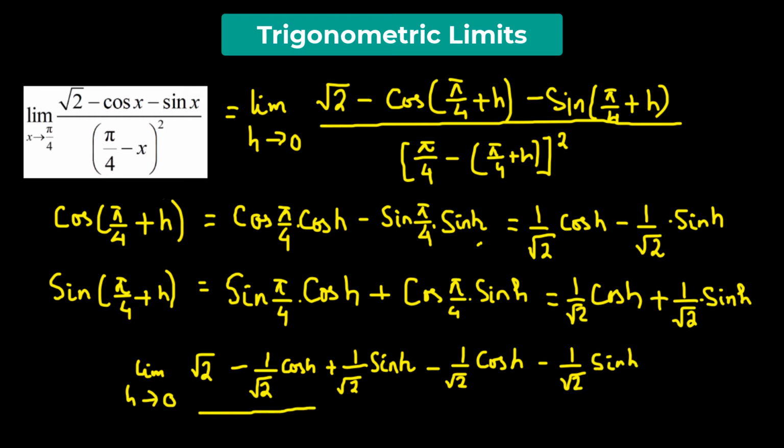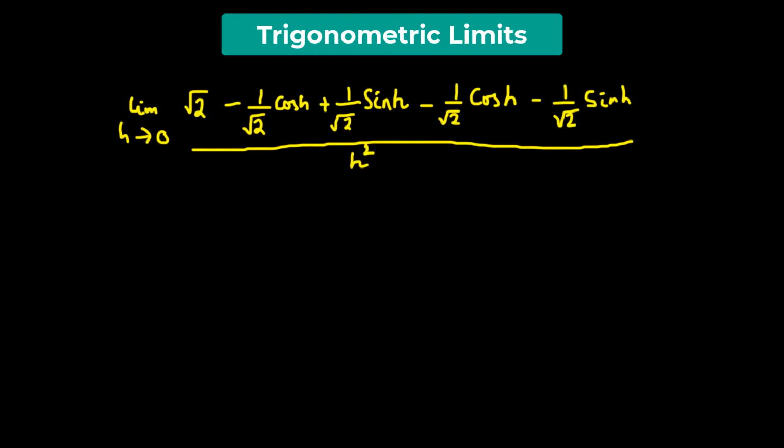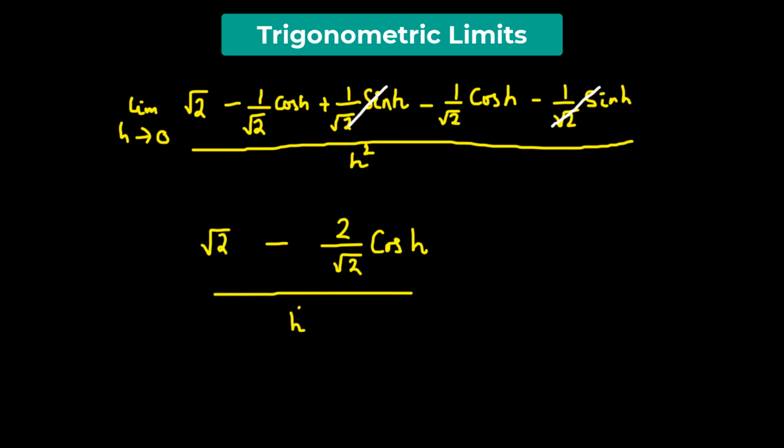And in the denominator, the pi over 4 gets cancelled, so we have negative h whole squared, so we have h squared. Now we'll see that the positive 1 over square root 2 times sine of h gets cancelled, and this is going to leave us with square root of 2 minus 2 over square root of 2 times cosine of h, whole divided by h squared.